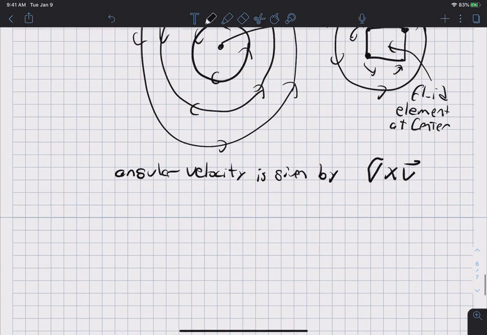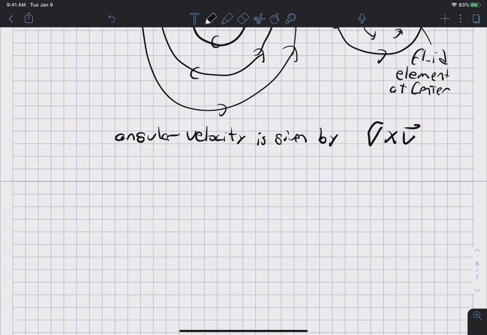Okay? And there is a property called vorticity, and that is traditionally given the symbol omega. It is a vector, and that is equal to 1/2 times the curl of the velocity vector. And so this is more commonly used.